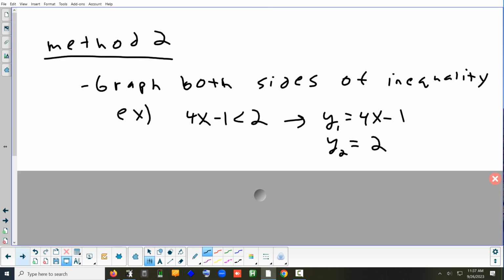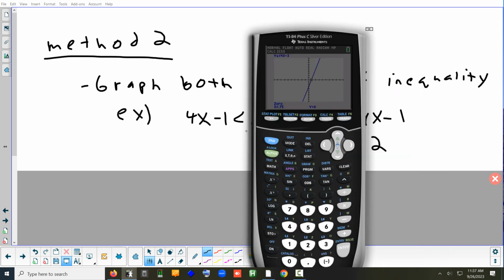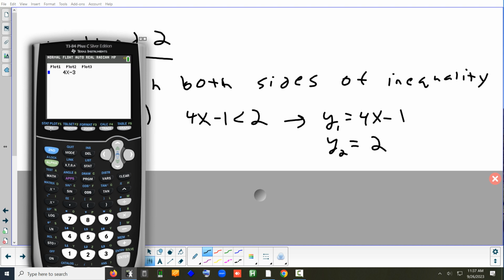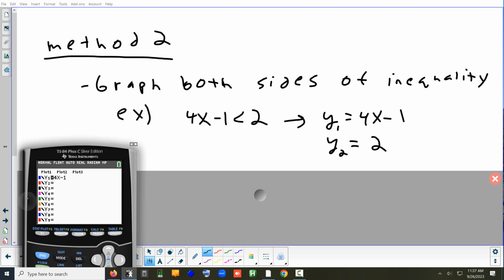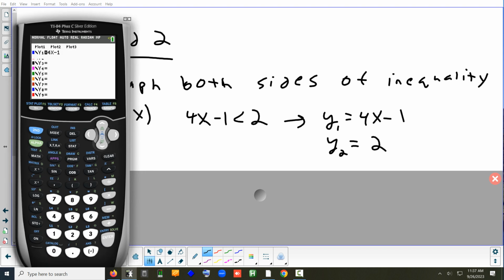So the second method you can use is don't rearrange it to get 0 on one side. Leave it the way it is and put 2 things in. Put 4x minus 1 in y1. Put 2 in y2.